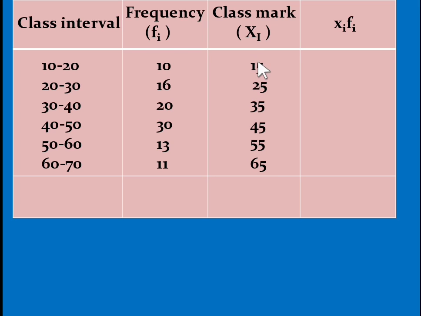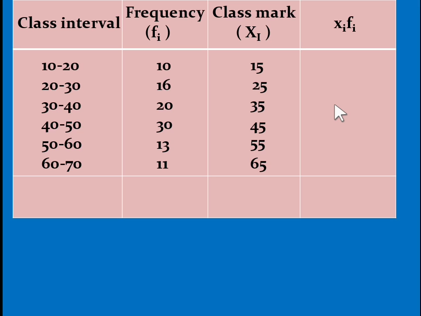So you see that 15 is the mid value of 10 and 20. So mid value of 20 to 30 is 25. 30 to 40 is 35, and so on. So these are the mid values of these numbers.